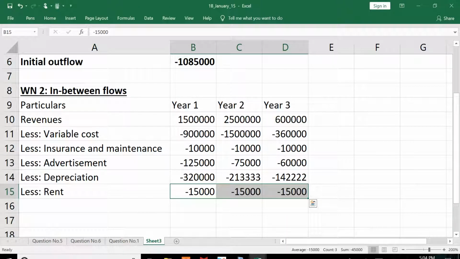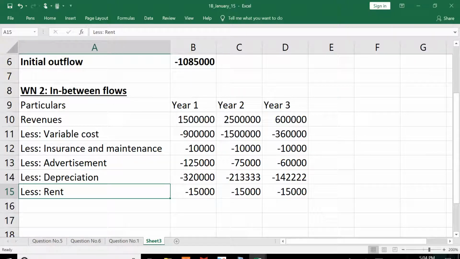What I lose is only 15,000. If I suddenly say that we are not doing this project, I may decide to rent it out for 15,000. Any doubts on this? So let's take rent 15,000.